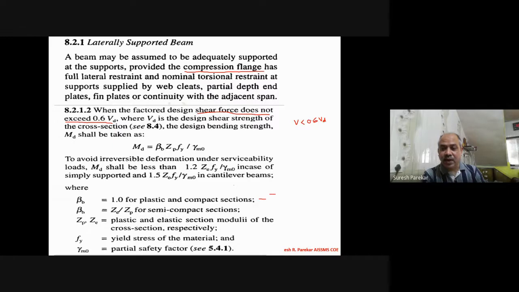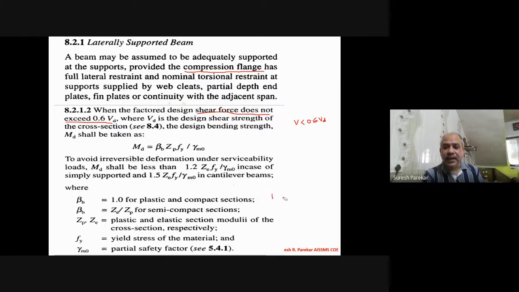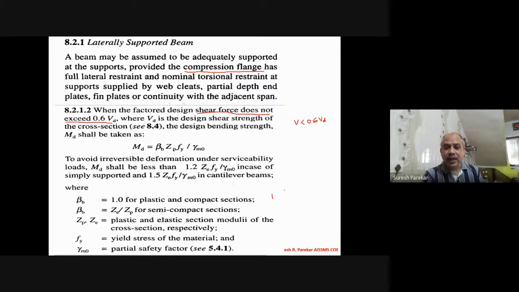We have already solved problems using this. If you remember, in the compression member we used ratios, and in the angle section also, which are d by t, b by t, and b plus d by t.